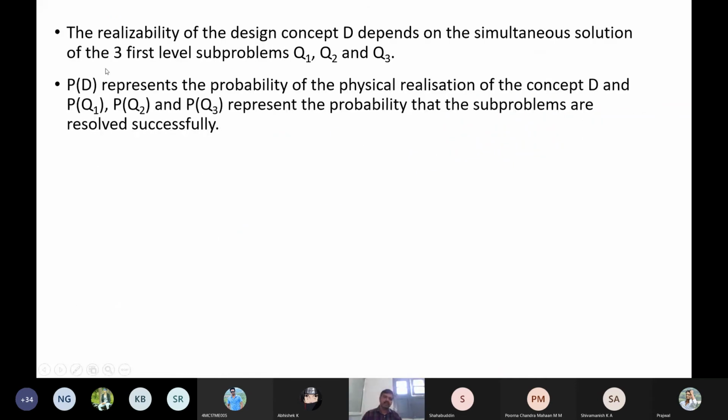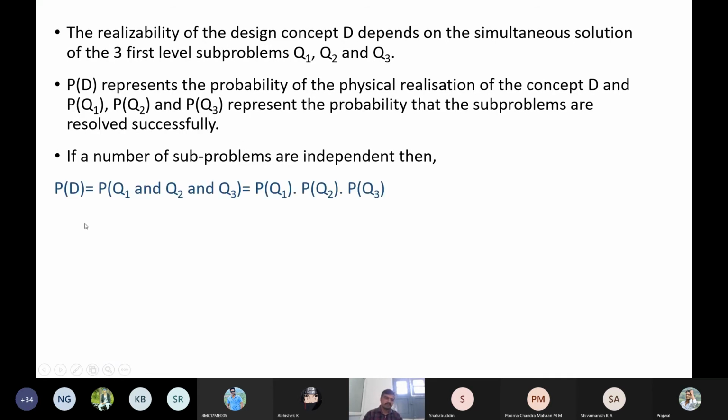PD represents the probability of the physical realization of the concept D, and PQ1, PQ2 and PQ3 represent the probability that the subproblems are resolved successfully. If the subproblems are independent, then P of D is equal to P of Q1 and Q2 and Q3.